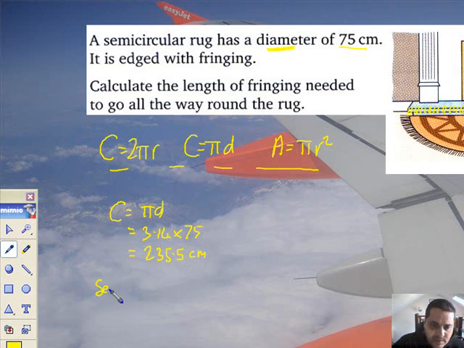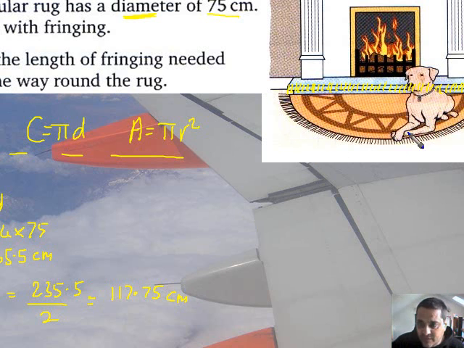So for the semicircle, it's going to be 235.5 divided by 2. Just divide my answer by 2. I didn't cancel it on my calculator, and that gives me 117.75, and that's in centimetres. So that's how much fringing I need to go around this part alone.